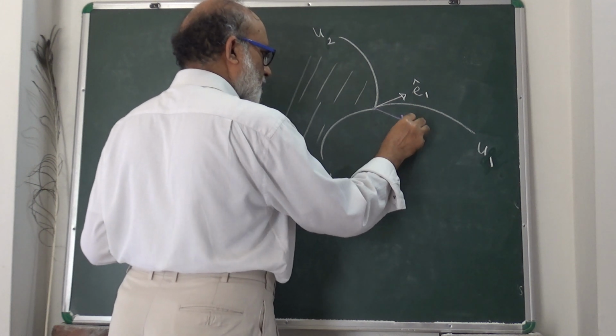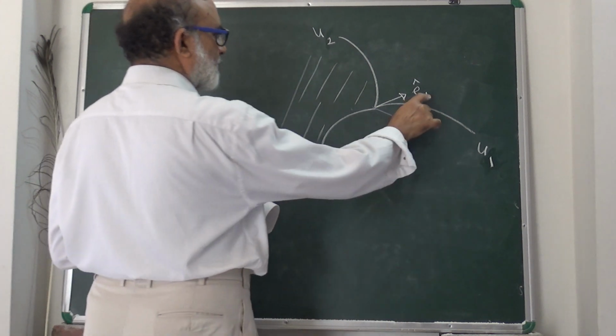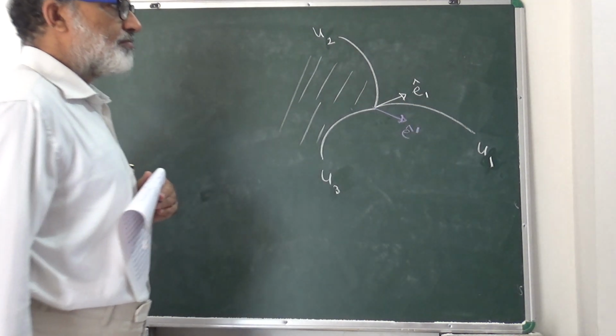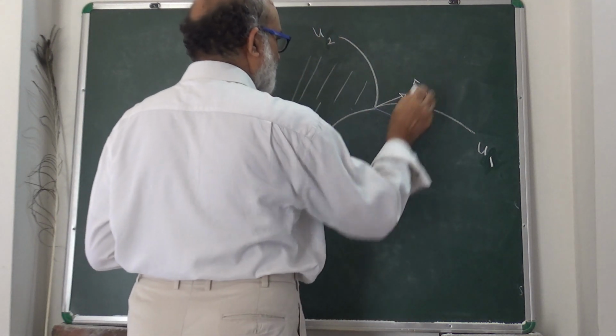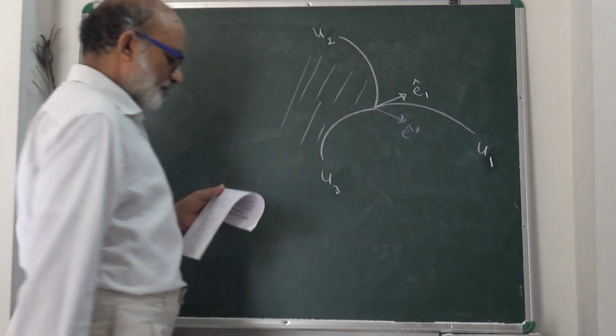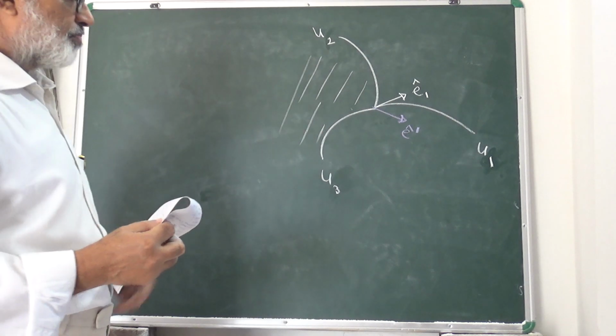This unit vector will be written as a superscript, where this one was written as a subscript. This one is called covariant and this is called contravariant. So we have two sets of unit vectors in this case.